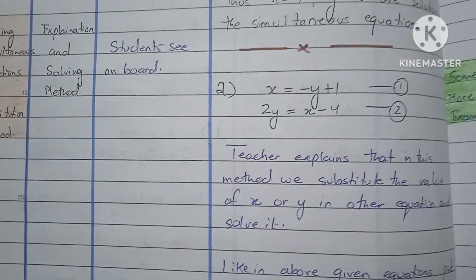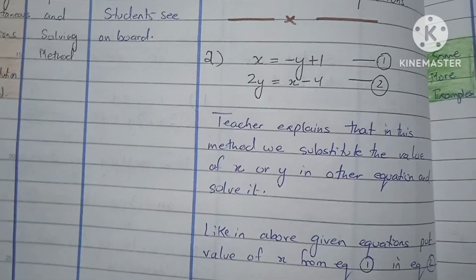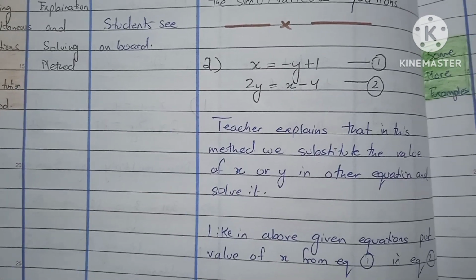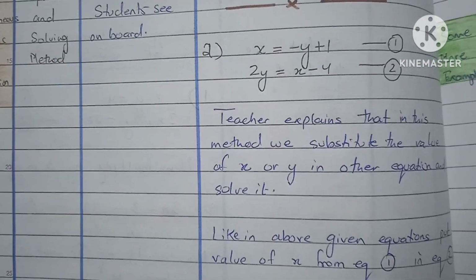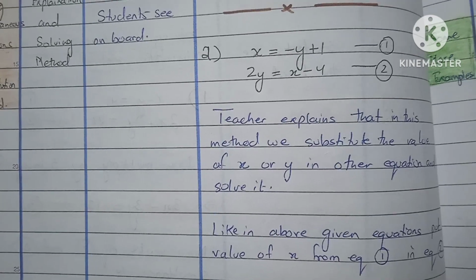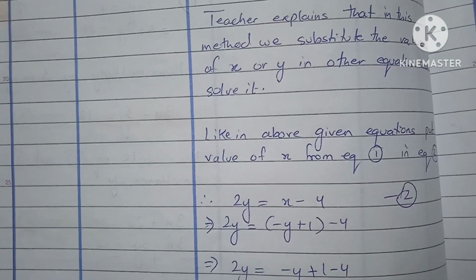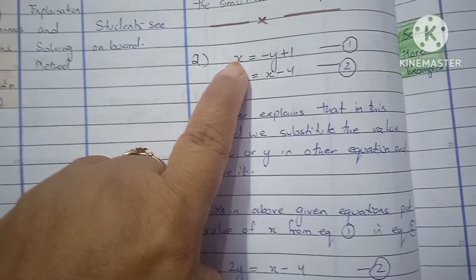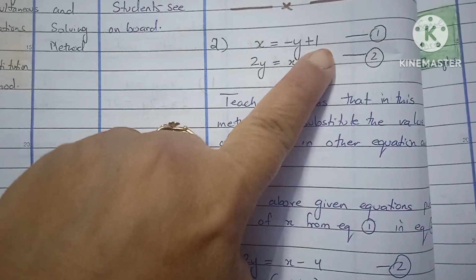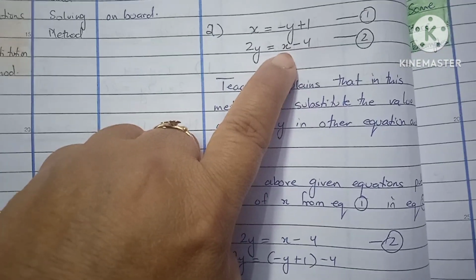In this again she takes two equations 1 and 2. Then teacher says that we have to substitute the value of either x or y from one equation into the other. Like in the above given equation, in place of x we can write minus y plus 1. So over here we are going to substitute minus y plus 1.